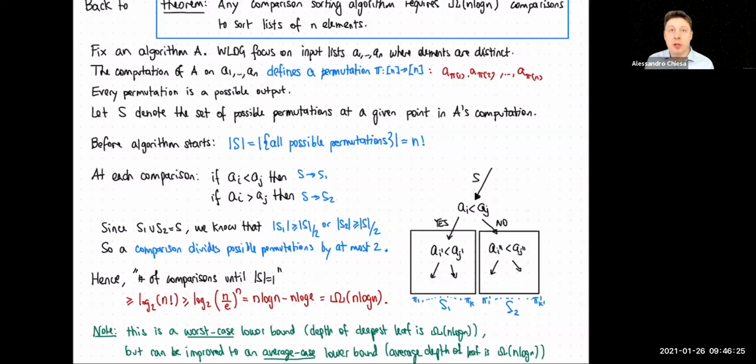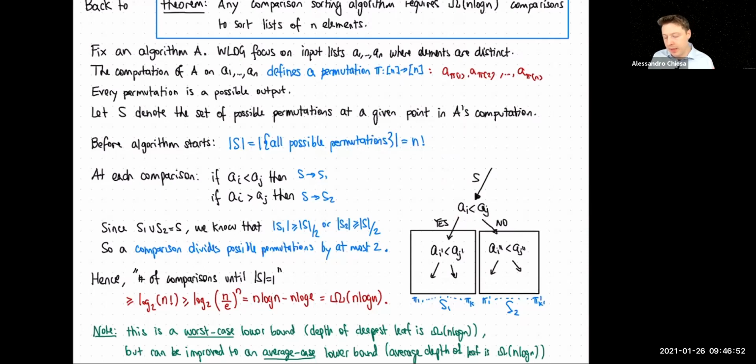You can view the computation of a comparison sort algorithm as a tree. You press play, and it starts doing something. The only thing it's allowed to do is comparisons. So the first thing it will do is pick up 2 elements and compare them. Let's say it just started, so S is all possible permutations, and it decides to pick up AI and AJ and compare them.